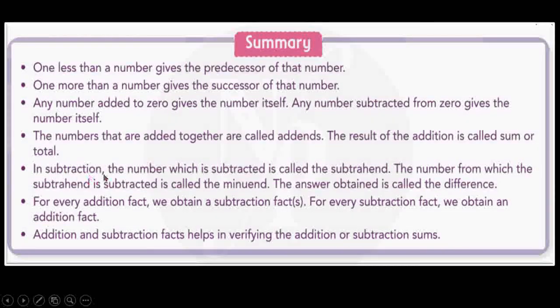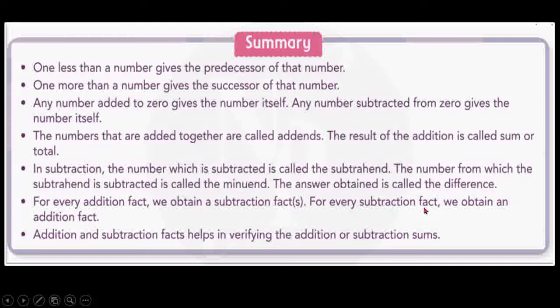In subtraction, the number which is subtracted is called subtrahend. The number from which the subtrahend is subtracted is called the minuend. The answer obtained is called the difference. You should remember these names. For every addition fact, we obtain a subtraction fact.